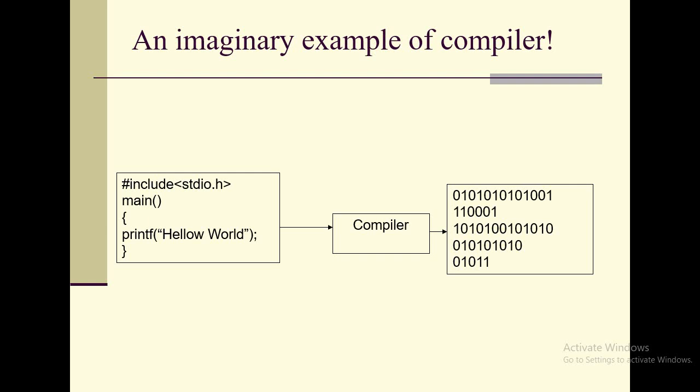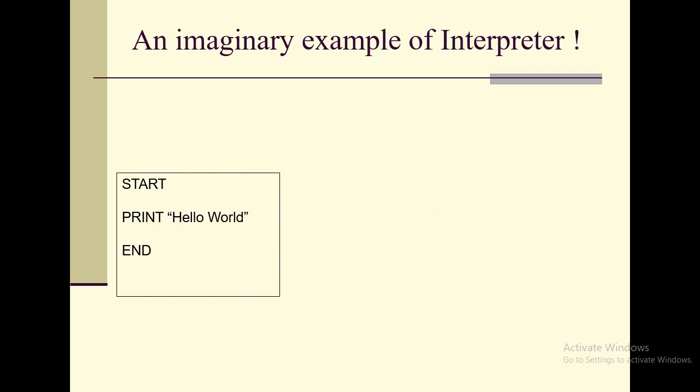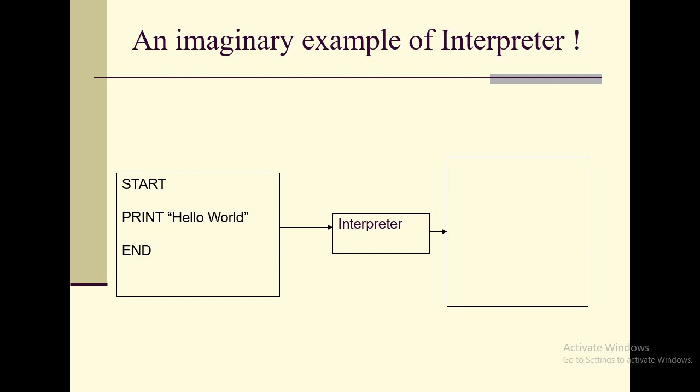A C program that is written in high level is converted into low level machine language at once. And another example, that is the interpreter. This program is written in BASIC, that is also high level, and the interpreter converts this high level language step by step, first line, then second line, then third line.